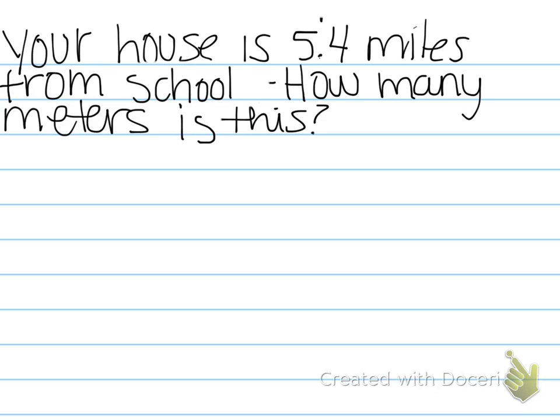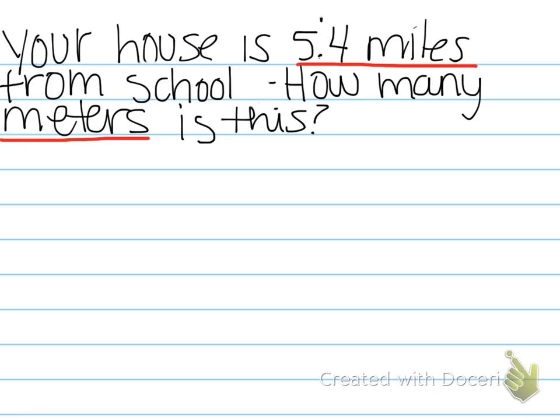So first thing is, take a look at what you have. We know that we're at 5.4 miles, and what we want our unit to be in at the end is meters. So we're trying to go from miles to meters. Now, there will be plenty of times where you can find a conversion from one number to the other, but then there's also going to be a lot of times where you're going to have to do multiple steps.